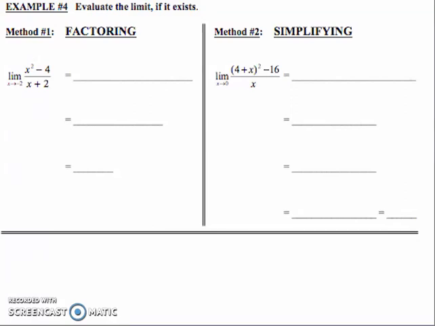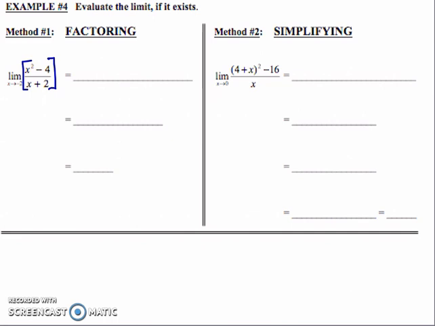When we look at our next example, example 4, part 1, we're going to consider factoring. When we first look at this function, two things to think about. We want to evaluate this limit as x approaches -2.